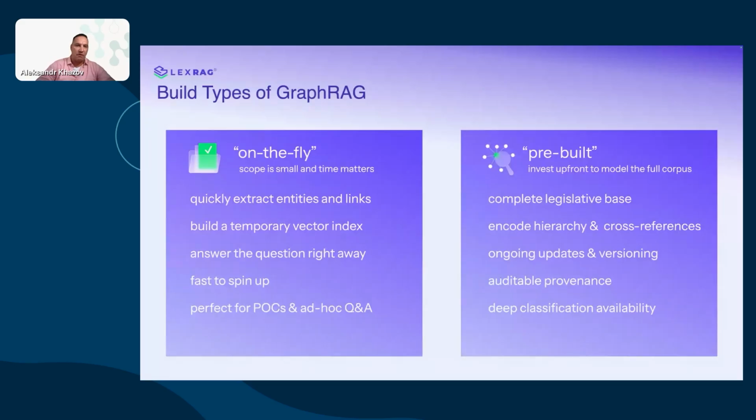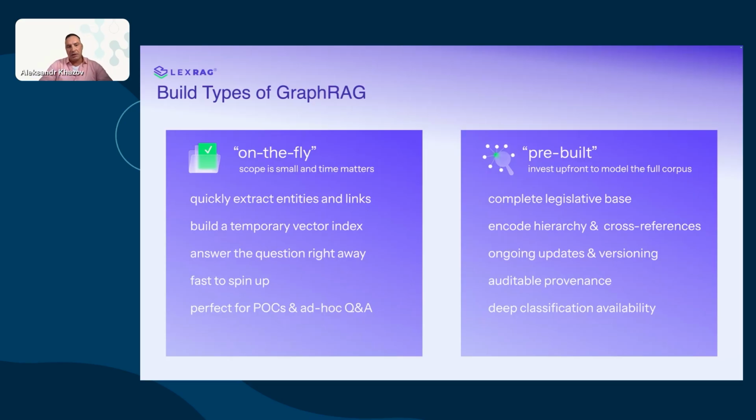On-the-fly GraphRAGs allow for quicker results when using a smaller set of documents, and a pre-built graph allows us to invest upfront to construct the full corpus of the model, like the full base of legislation and so on.